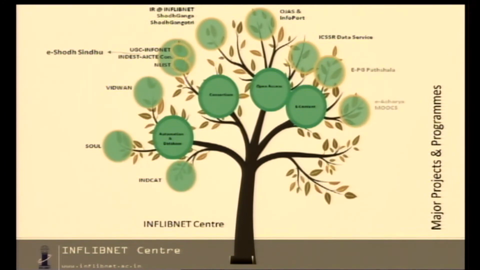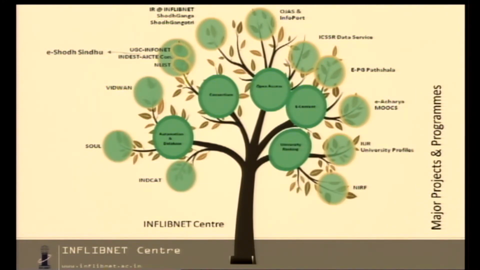INFLIBNET has a union catalog of books available in more than 165 universities across India, and that database is available to everyone for use. The database has the list of books and the locations where the books are available. We have another database called Vidwan, where profiles of scientists and professors are available for other people to use and to network with amongst themselves for collaborative research. We have a software called SOUL, which is used for automating libraries in universities and colleges. This is one big initiative that we started way back in 91 and it is still continuing.